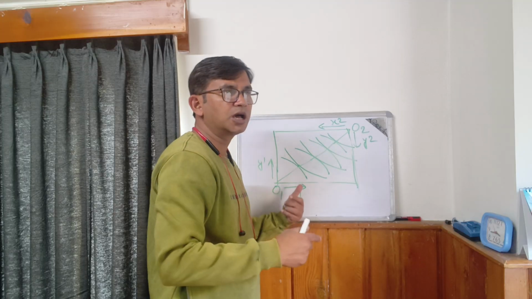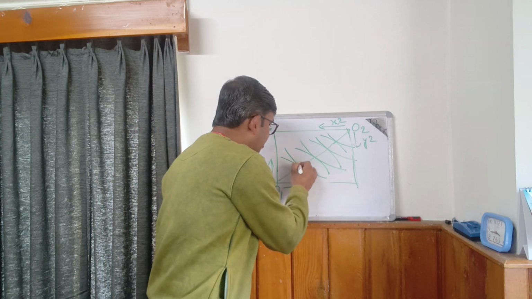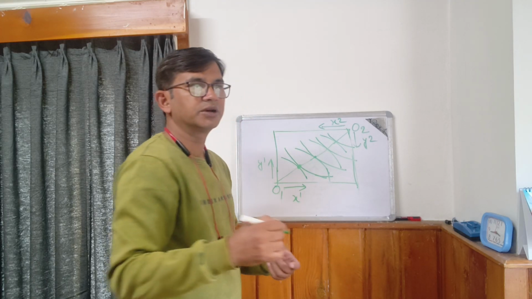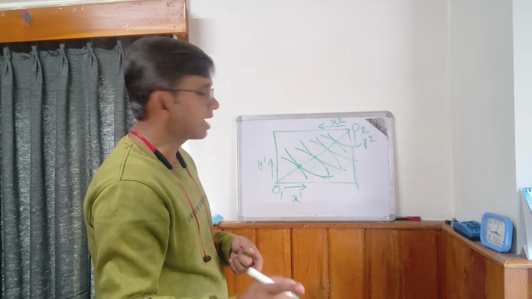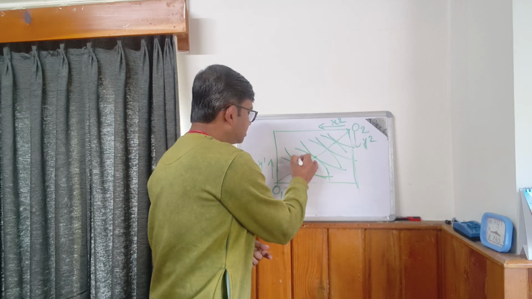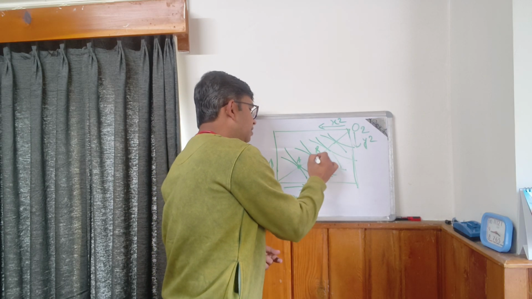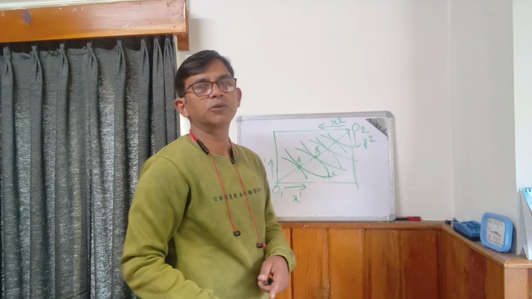This is called the consumption efficiency locus. So why are we calling these points Pareto optimal? Where the two individuals' indifference curves are tangent to each other. Look at this, if we compare A, B and C, A and B are Pareto optimal points, but C is not a Pareto optimal point.